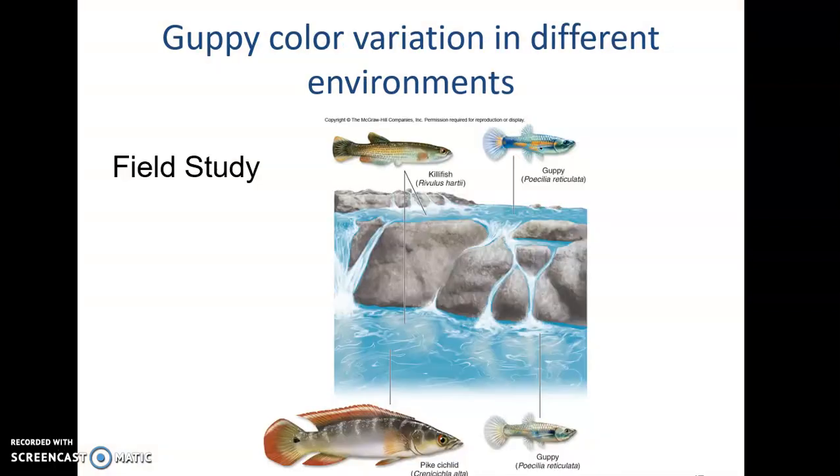So that seems pretty clear cut, right? Wherever we see the pike cichlid, we see small, drab, short-lived guppies. Above waterfalls where there is no pike cichlid, we see colorful, larger, longer-lived guppies.